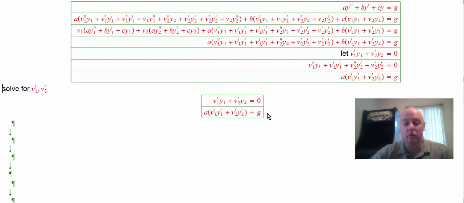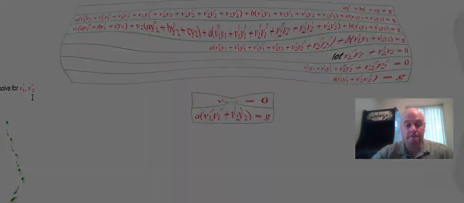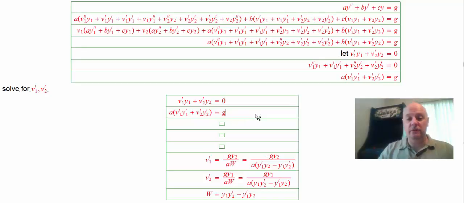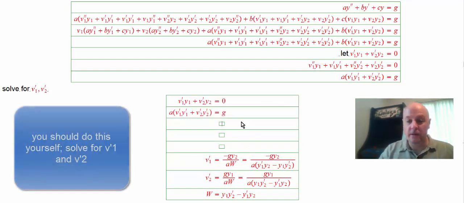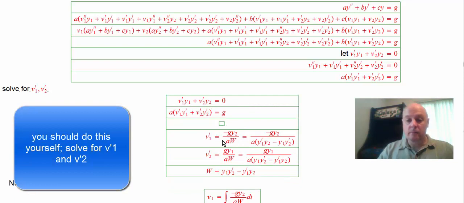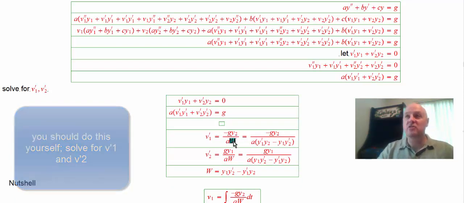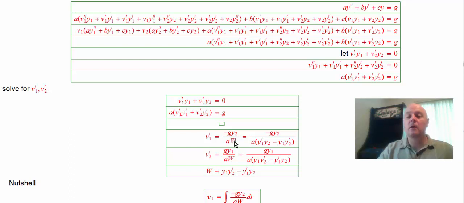So these are our two equations, two unknowns that I have to solve for V1 and V2. The two unknowns are V1 prime and V2 prime. When we solve them by elimination, substitution, Cramer's rule, however you want to solve it, we get V1 prime is equal to minus G y2 over A W.